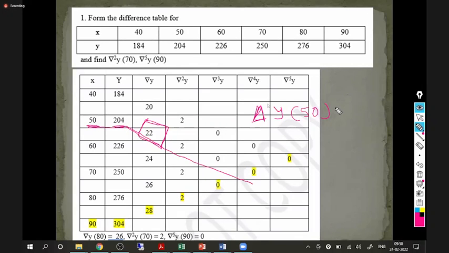But if I'm interested in writing del of y70, I come to 70. This is f of 70, and now for del I go this way, and this is 24. So the same calculation, same table, only the notation matters. What you are writing, that matters.